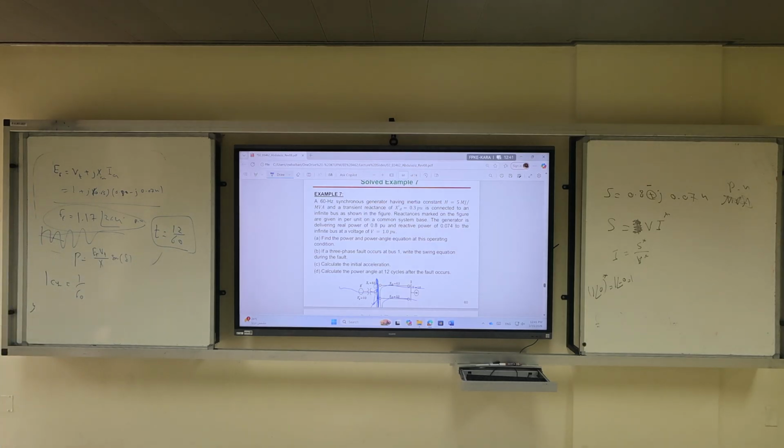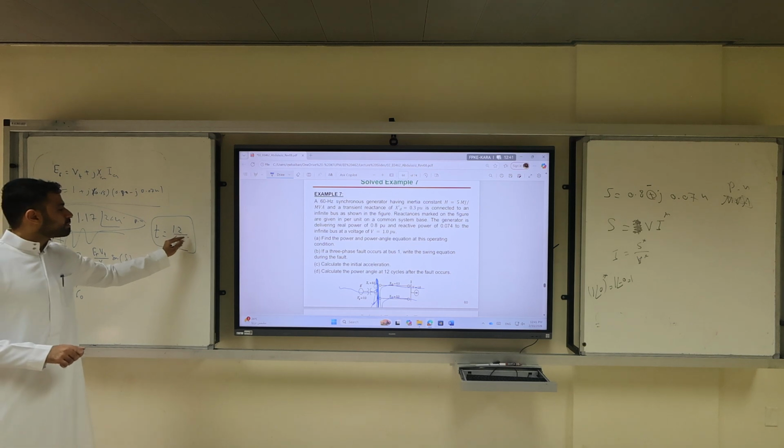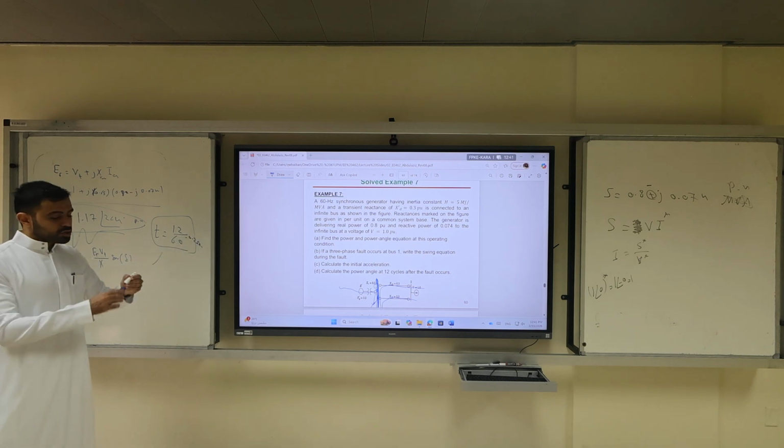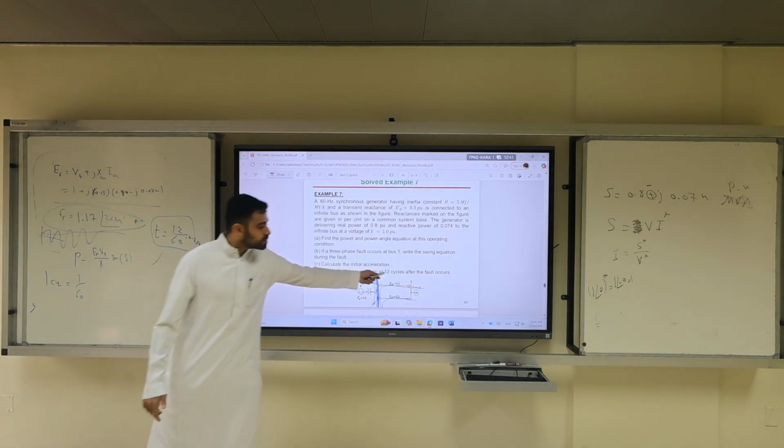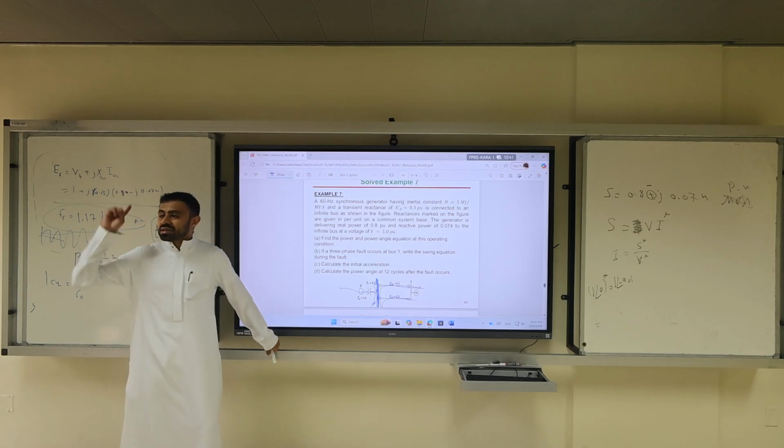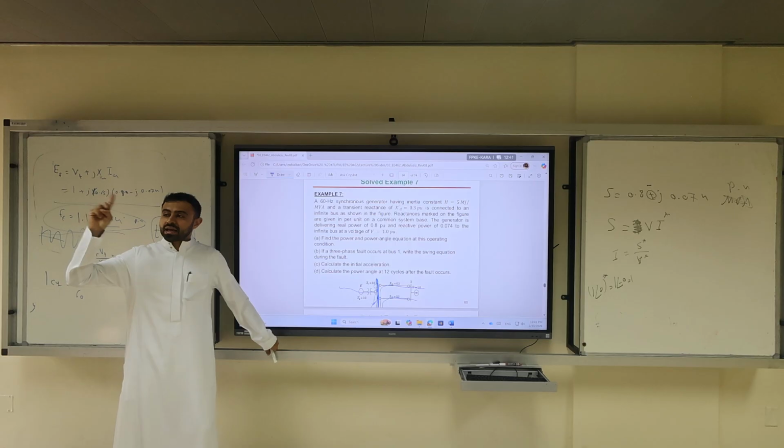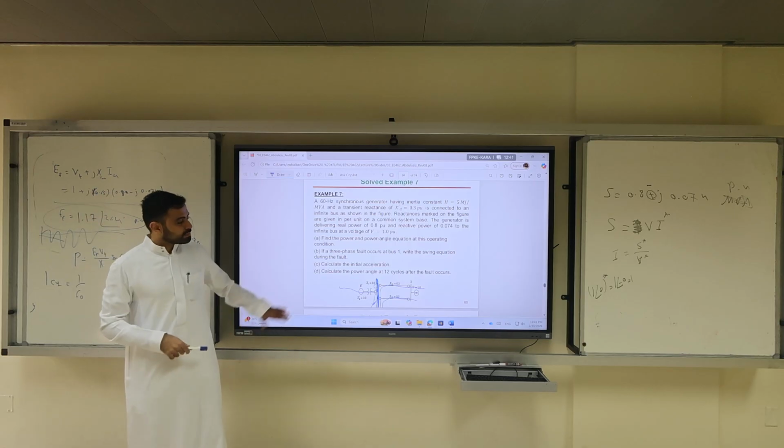What is 12 over 60? 1 over 5, which is 0.2 seconds. Clear? So can we translate 12 cycles to seconds? One cycle is 16.6 milliseconds. 12 cycles is what? 0.2 seconds.